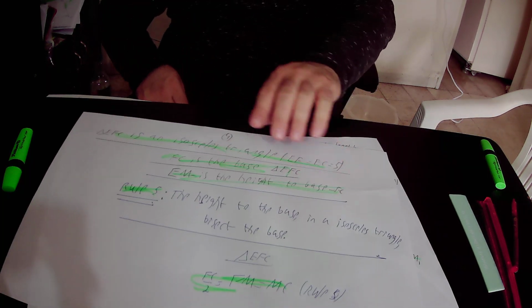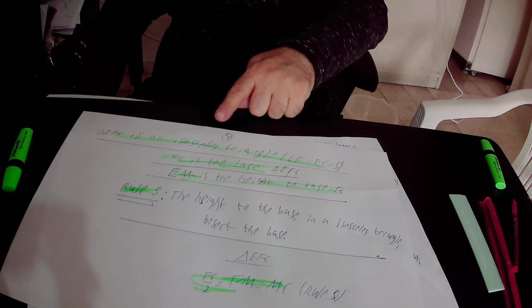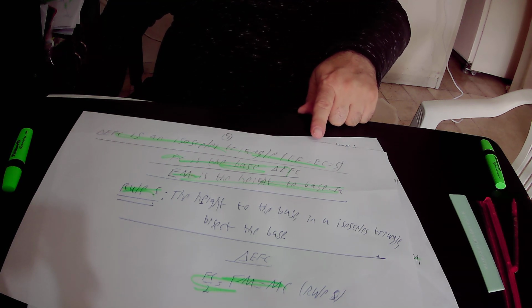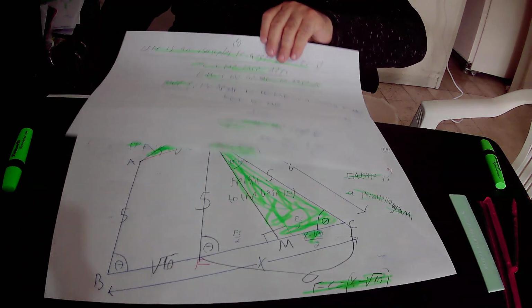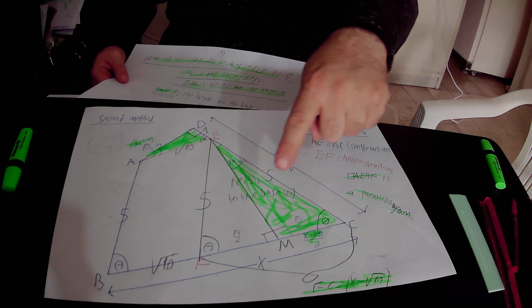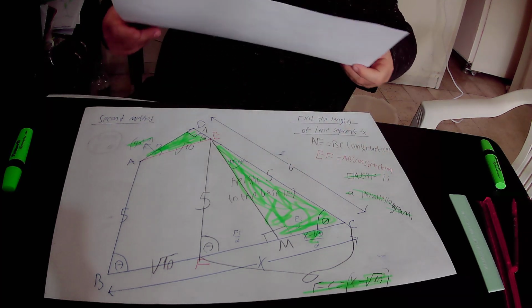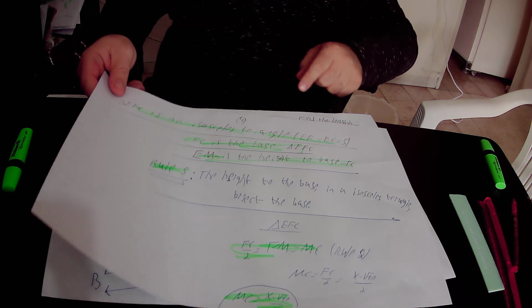I repeat again, triangle EFC is an isosceles triangle because of the fact that EF equals EC. And in triangle EFC, we know that the base of the isosceles triangle EFC is FC.